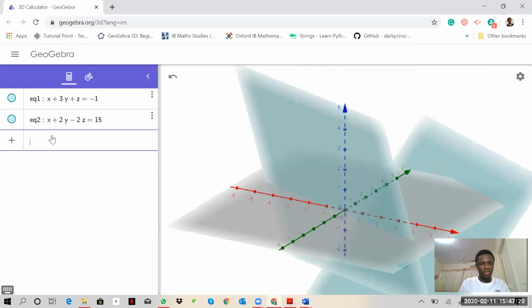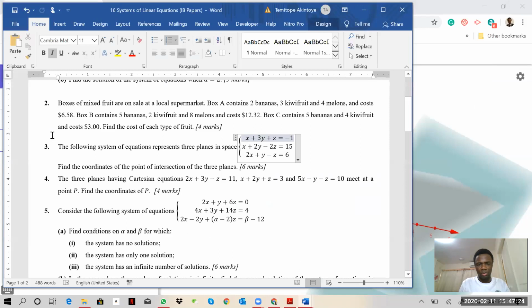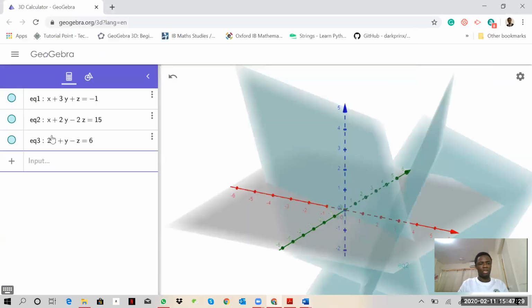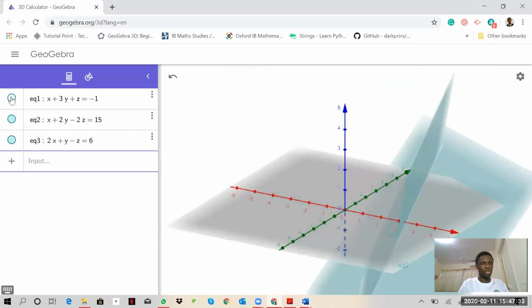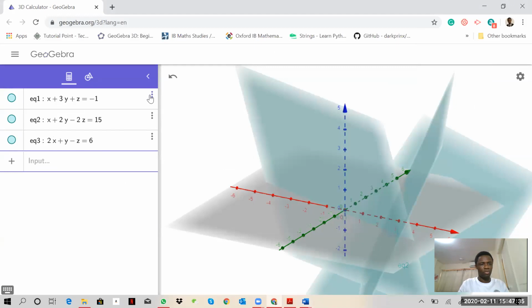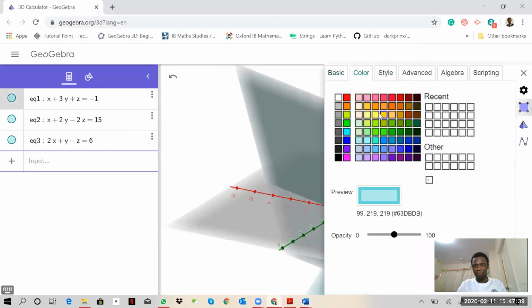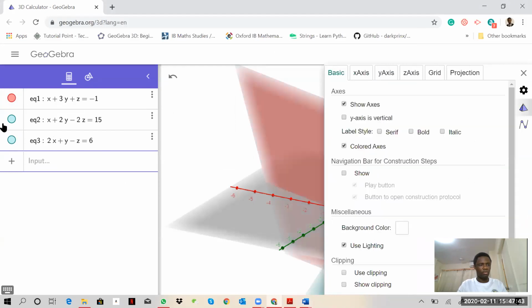Then 2x plus y minus z, I suppose, equals 6. And that is the third one. So to be able to visualize this properly, I'm going to change the colors. I think we can do that in settings here. So I pick red for that.